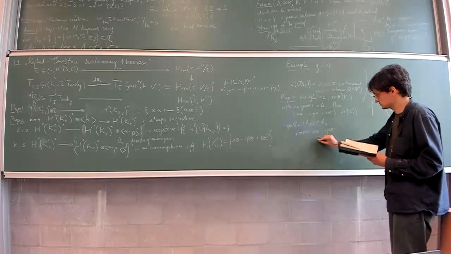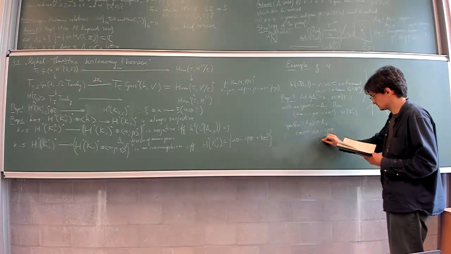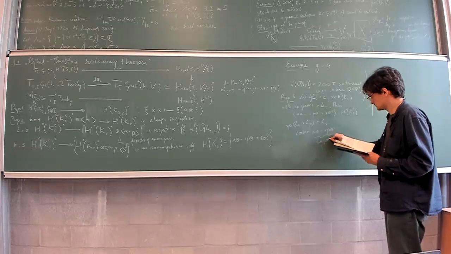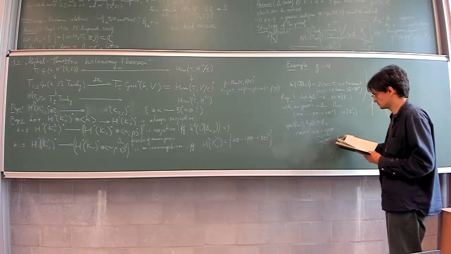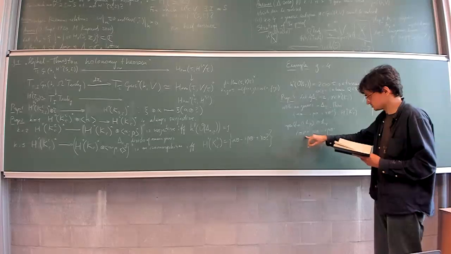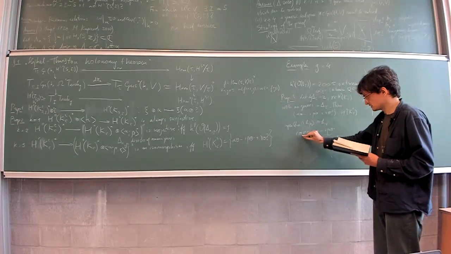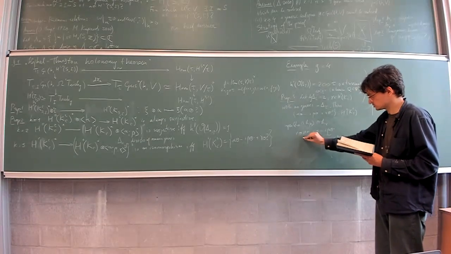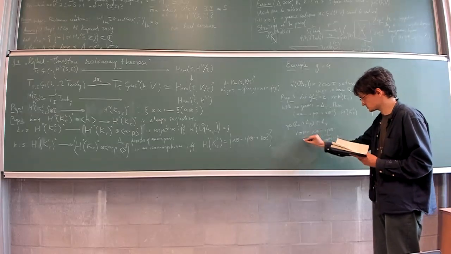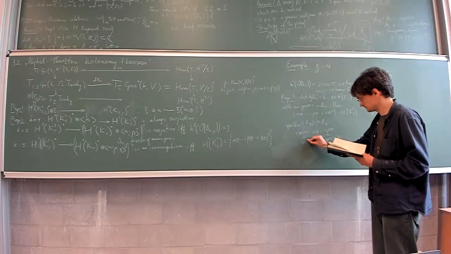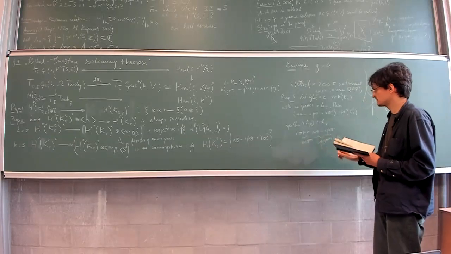So this side has zeros in the divisor, and therefore this side also has. But gamma has no zeros in the divisor, so it implies that omega also has zeros there.